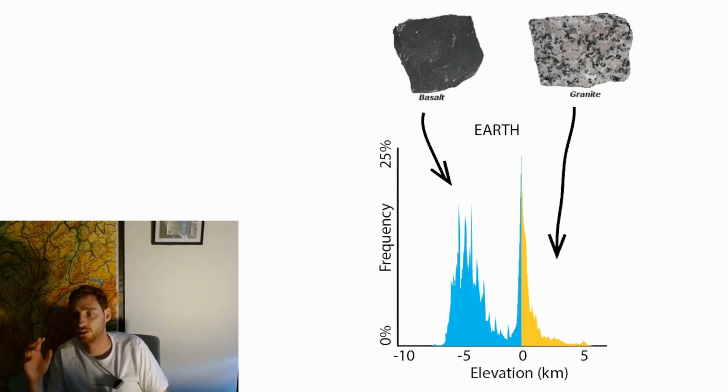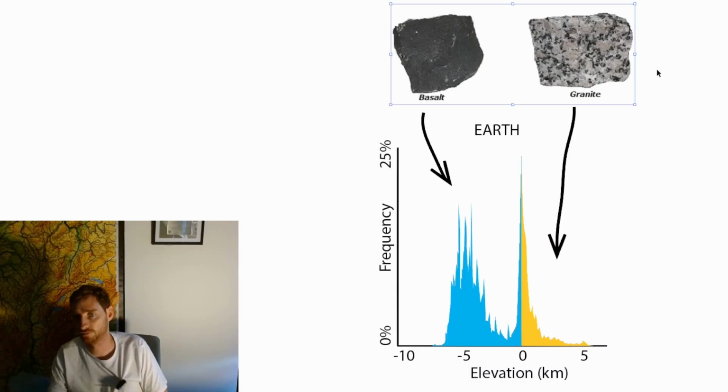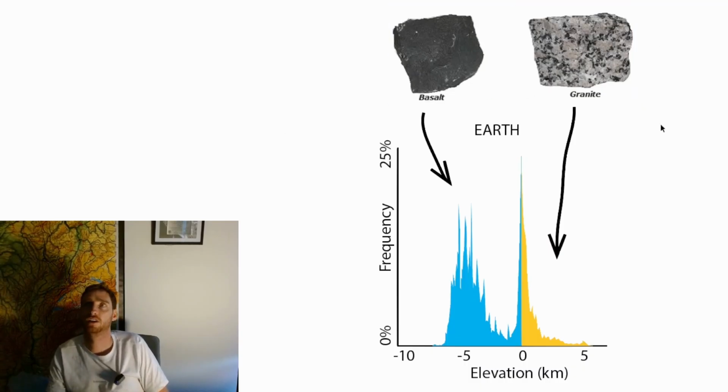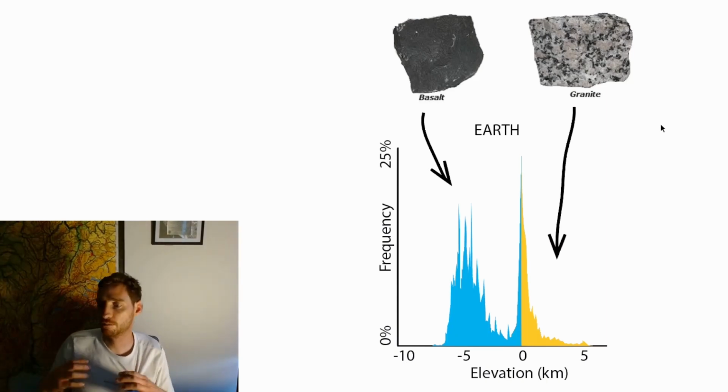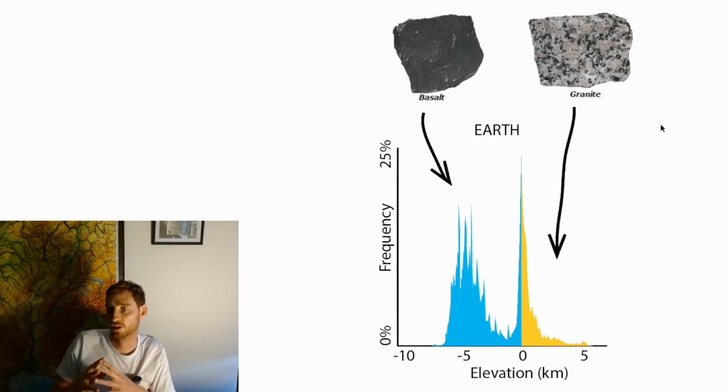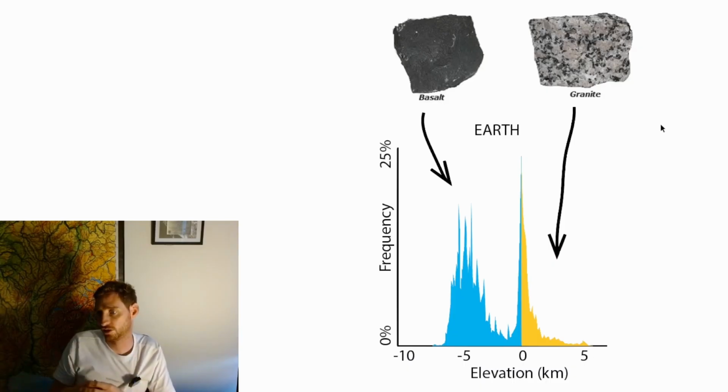And the plates are either oceanic plates, which are made from dominantly basalt, or they are continental plates, which are mostly comprised of granite. And granite has a lower density than basalt. So it's basically a mineralogical distinction. So basalt has more metal atoms in it, so it has a higher density. And granite has almost entirely silicon and oxygen, so it has a lighter density.